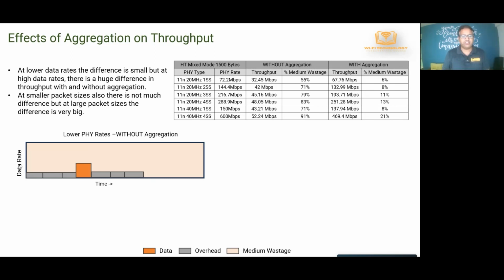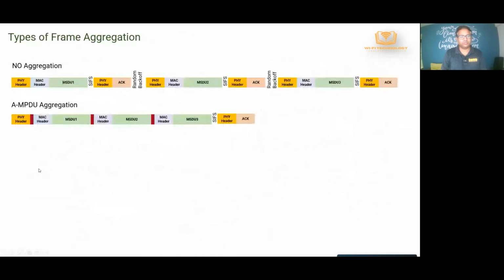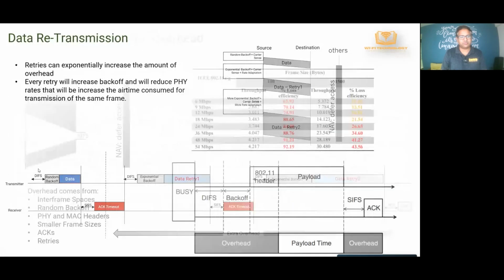So when you're using legacy, all these overhead frames like CTS, RTS, basically all your interframe spaces and all these other things that you're transmitting, they're all transmitted at very low data rates, right? If you go back to that example that I showed you earlier, you can see that these are all transmitted at low data rates.